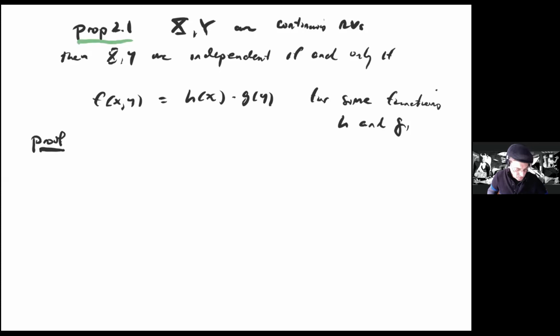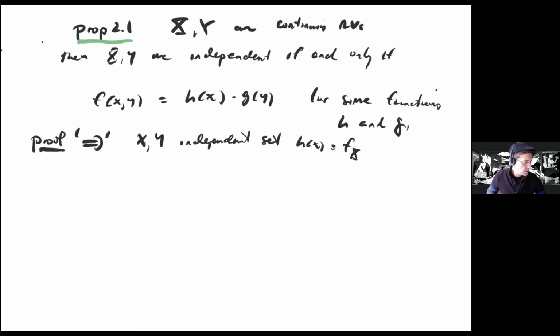One direction is obvious, because if x and y are continuous and independent, we can set h of x equal to the marginal probability density function of x, and g of y to be the marginal density function of the variable y.